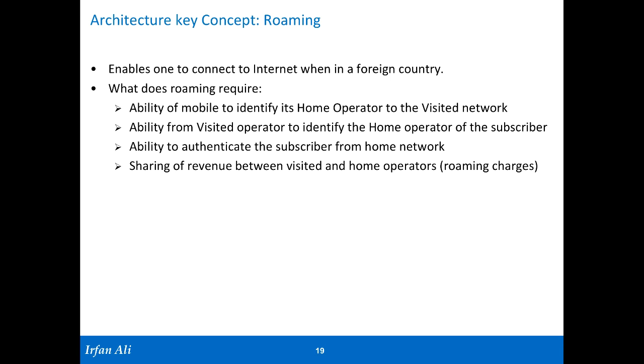You're able to make phone calls, you're able to browse the internet, though sometimes at a much more expensive rate, even when you're in India, without having to do something special on your side. And this support for roaming has been built into the 3GPP architectures right from the GSM days, and similar concepts have also been extended to LTE.